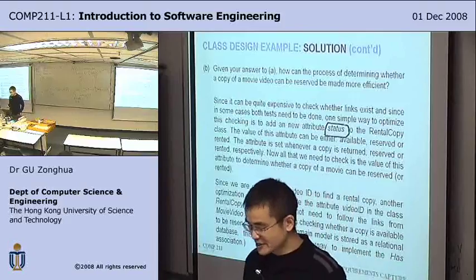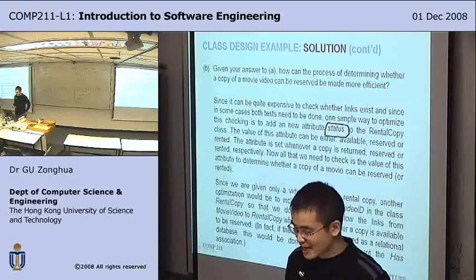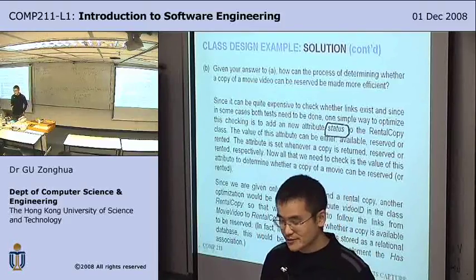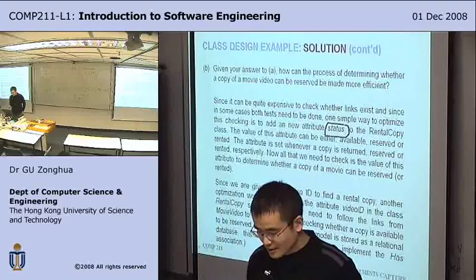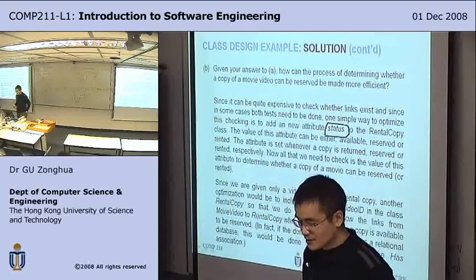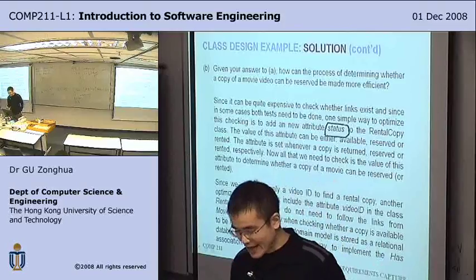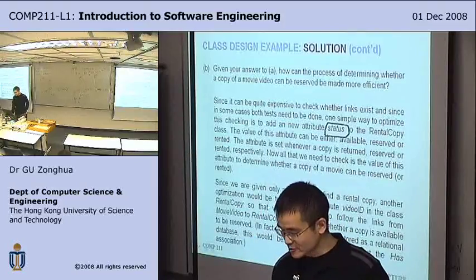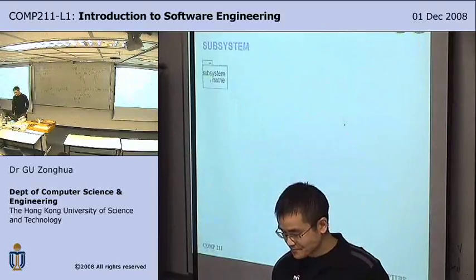You don't have to traverse the links to determine the status. You can just look at the attribute. But the cost is, of course, you do more work when you actually update the links. You update the attribute, a status attribute.